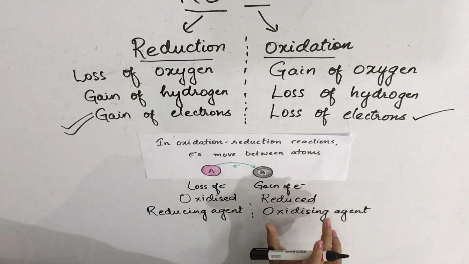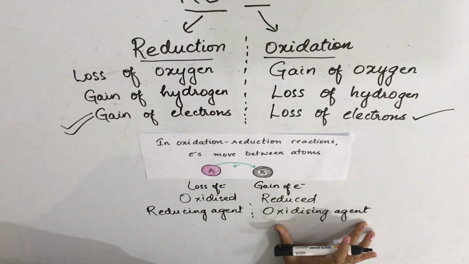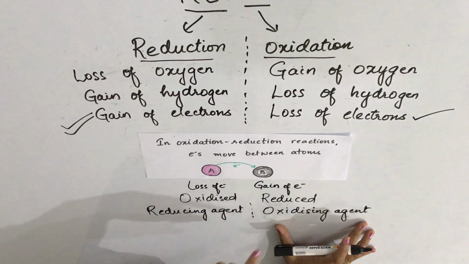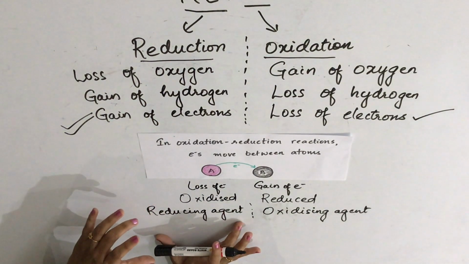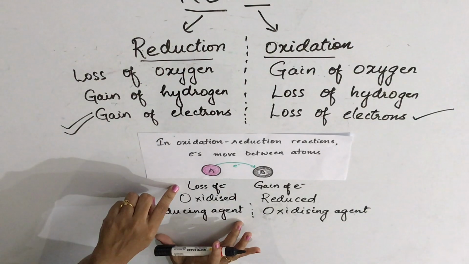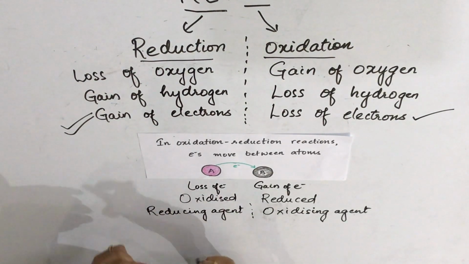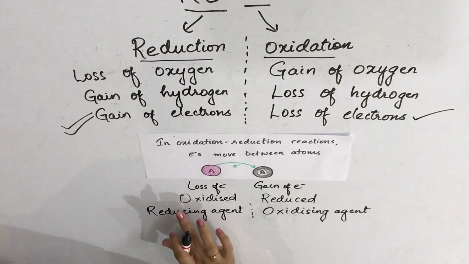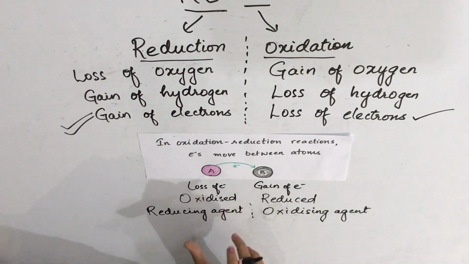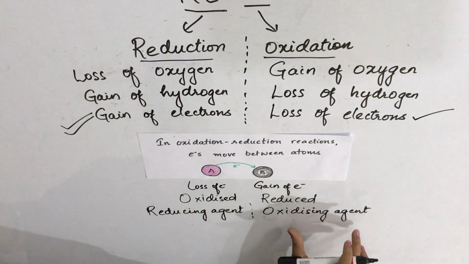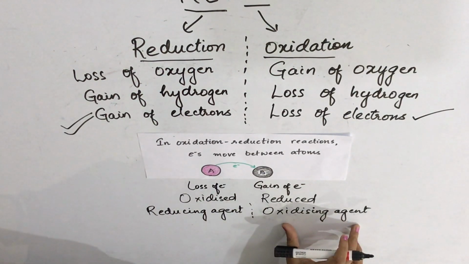Similarly, an oxidizing agent will gain the electron and itself gets reduced. A reducing agent loses electron and itself gets oxidized. It's a little reverse here. So the one which gets oxidized is called a reducing agent, and the one which gets reduced is called an oxidizing agent.